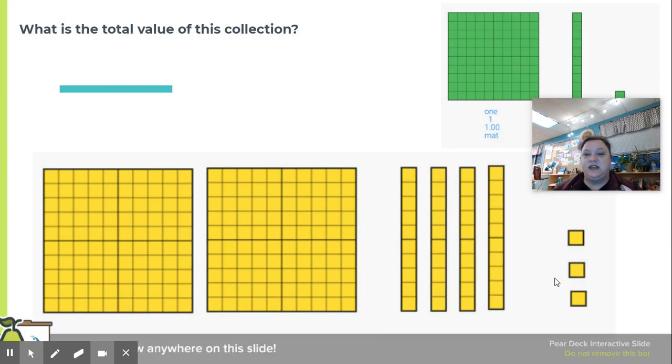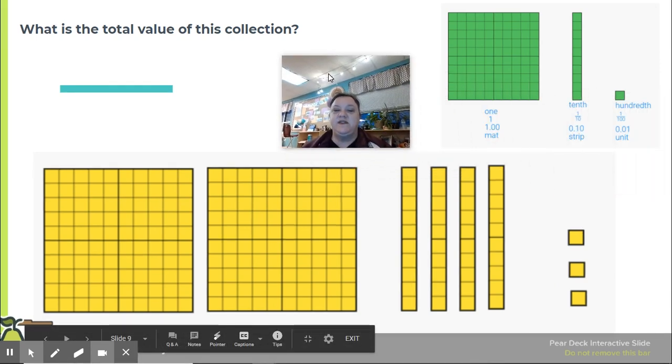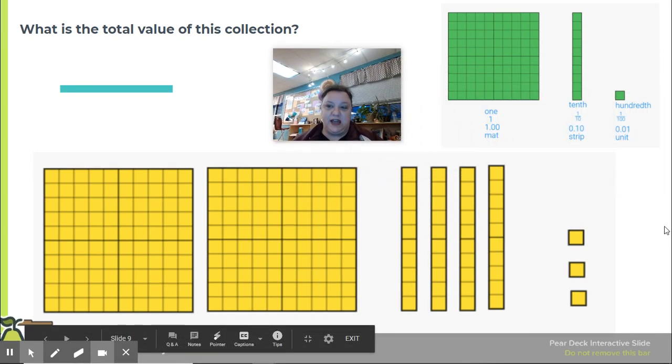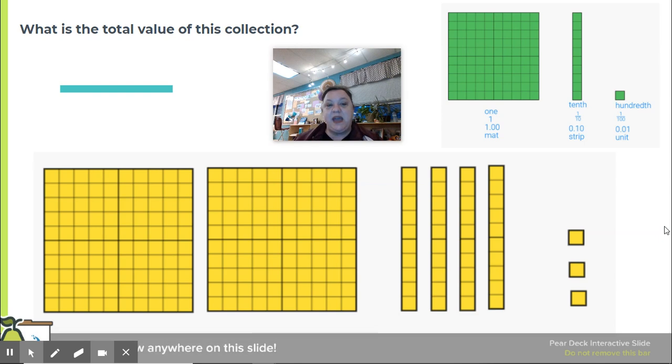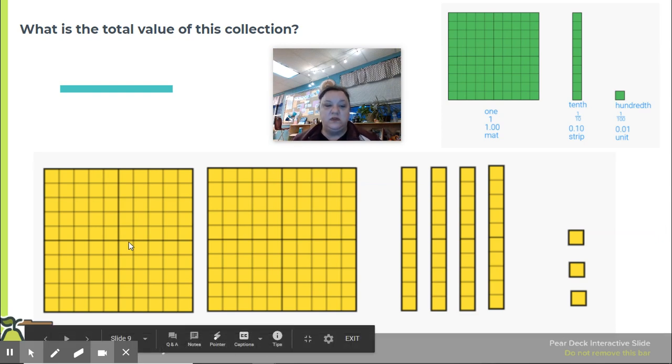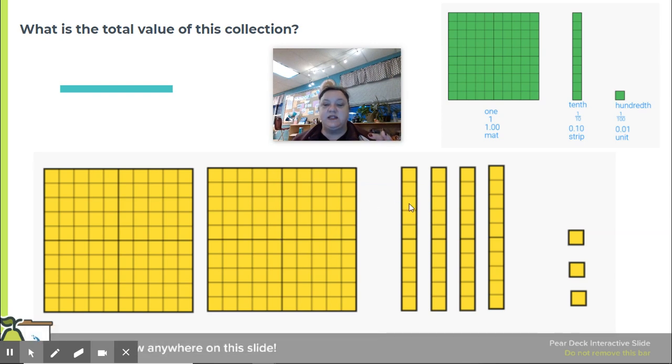So if that's the case, then what is the value of this collection? Every mat you see is one whole. So you've got one whole, two wholes. So we've got a 2. And then just to the right of the decimal, we have our tenths. 1, 2, 3, 4 tenths.